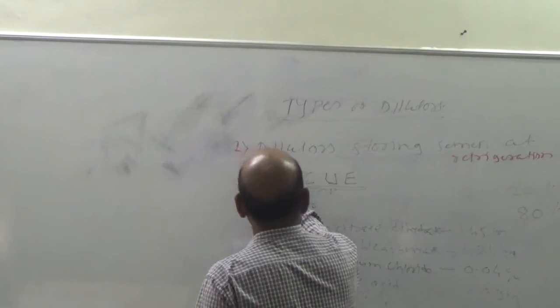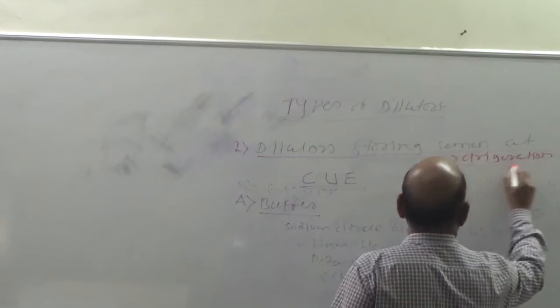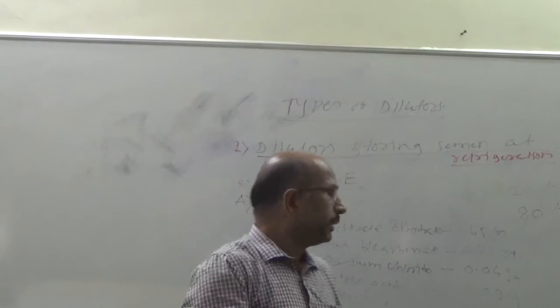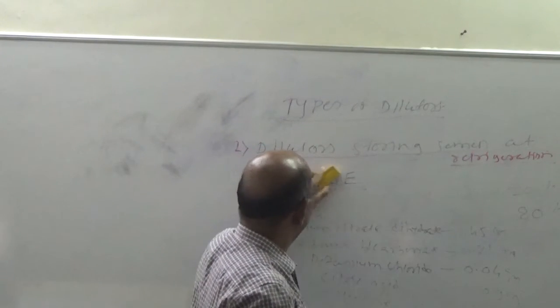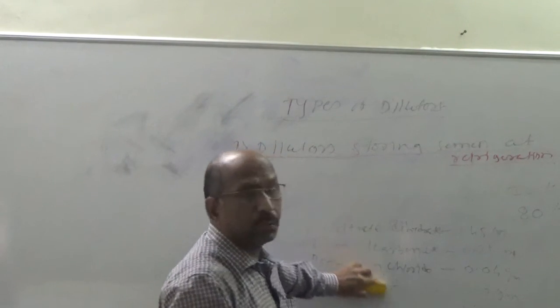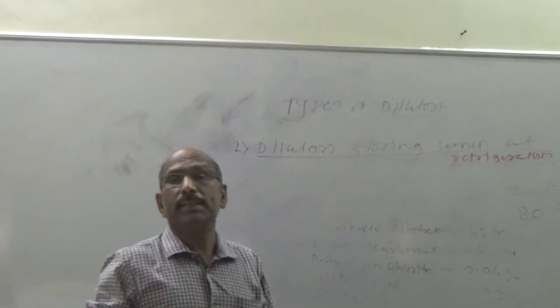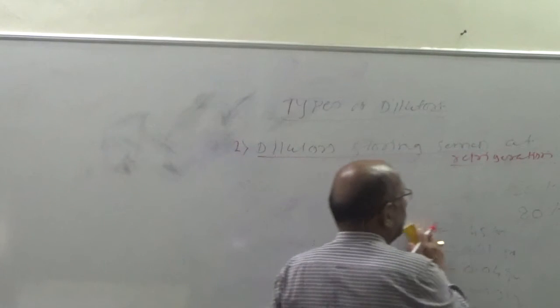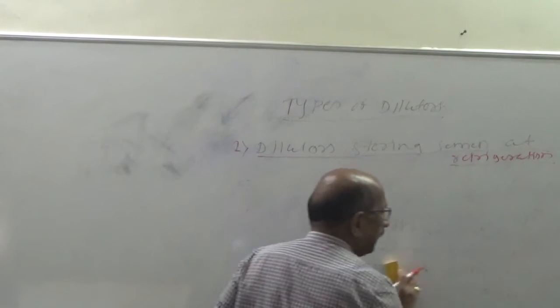Second, diluters for storing semen at refrigeration temperature. Semen preserved at refrigeration temperature, that is 5 degrees centigrade, is known as liquid semen.